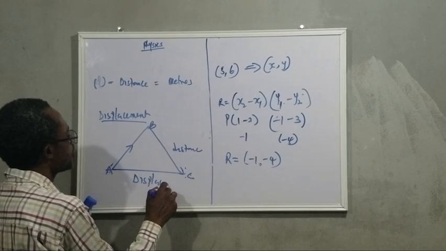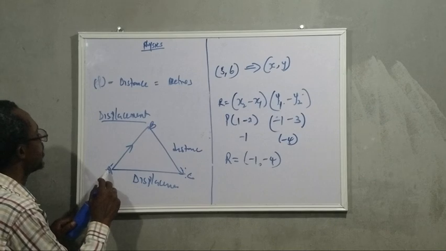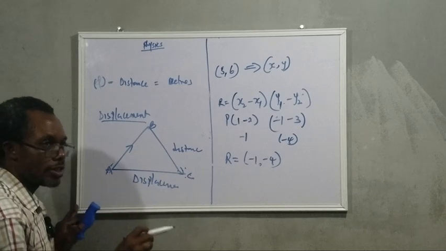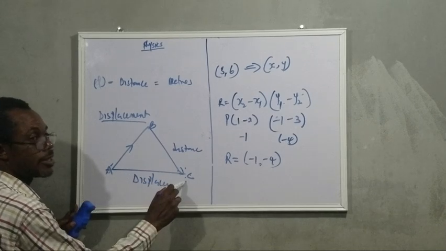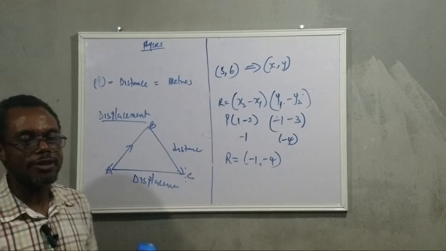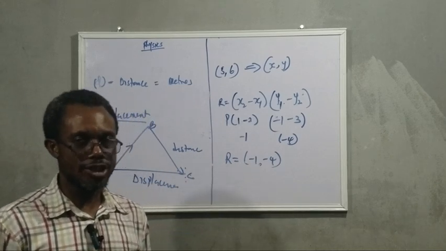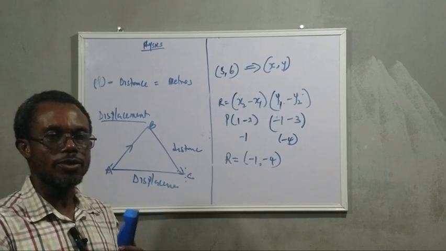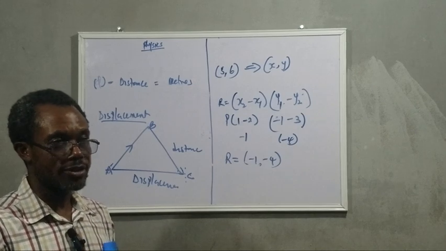And now what this means is that although the object or the body moves from A through B to C, what it actually did was to move between A and C, and the distance in that specific direction gives us displacement.